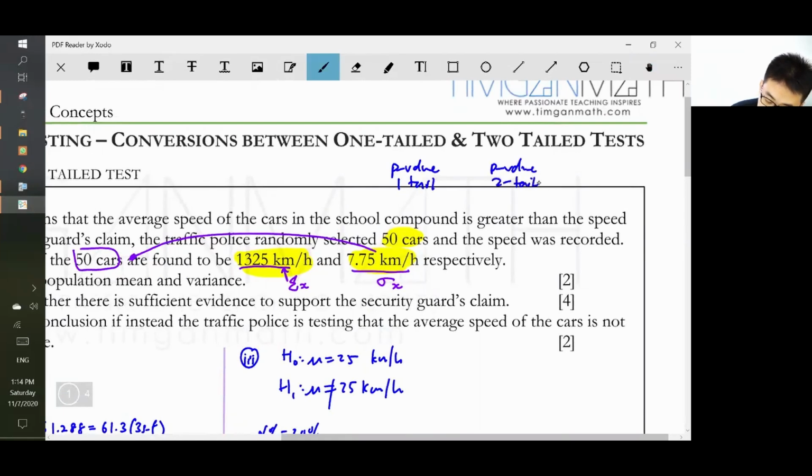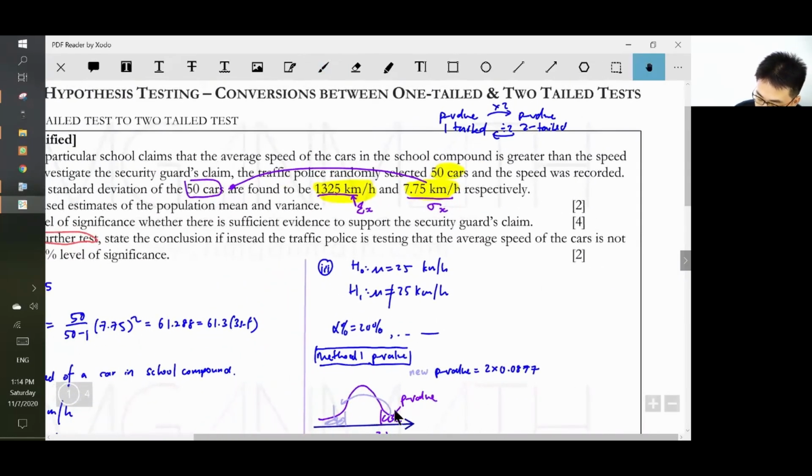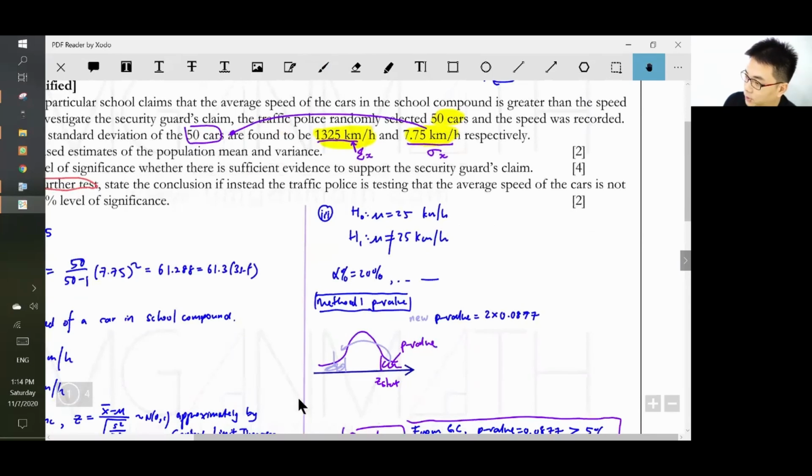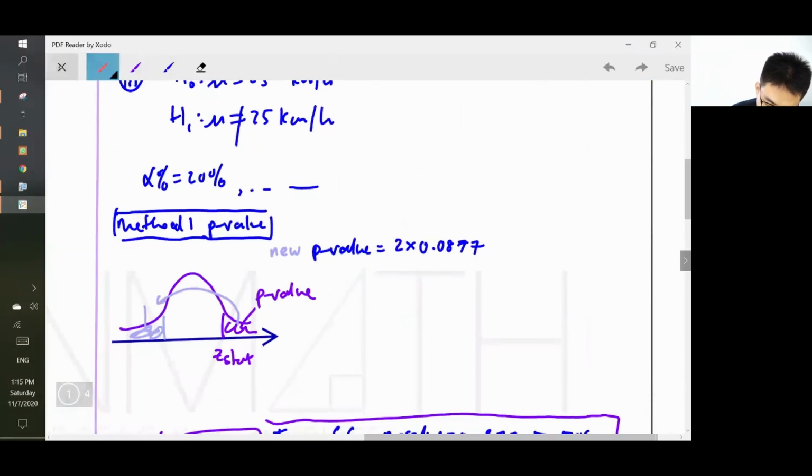If everything stays the same, means the sample size is the same, you multiply by 2, you get the two-tail p-value. You divide by 2, you get the one-tail. We just take the one-tail p-value and replicate it over to the other side. Method one is that the new p-value will be 2 times the one-tail p-value.